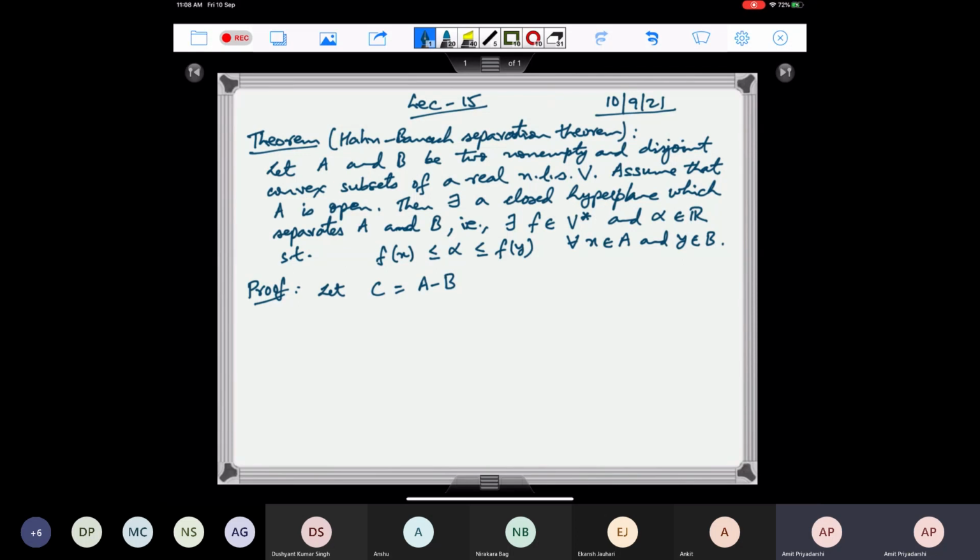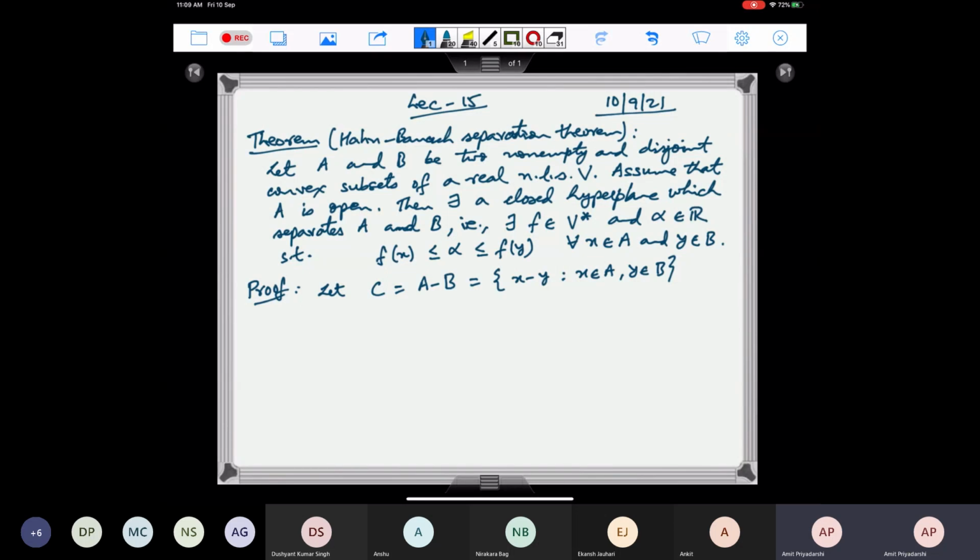So I can take this to be equal to x minus y, where x is in A and y is in B. If I take any arbitrary point in A and a point in B, take the difference and collect all such things, this is my set C.